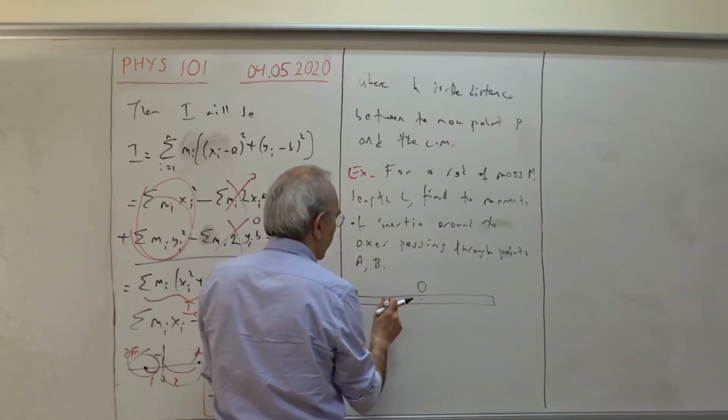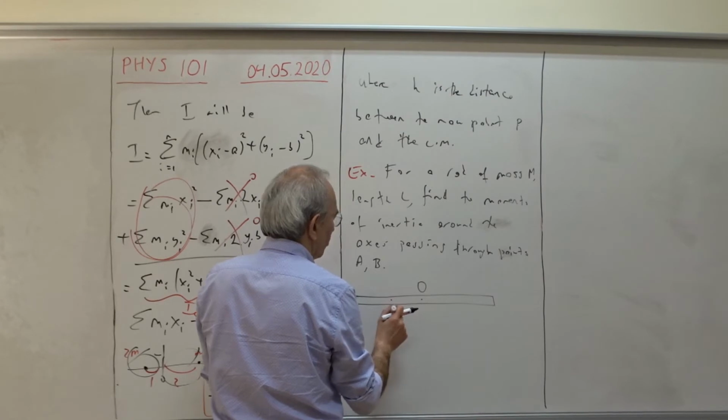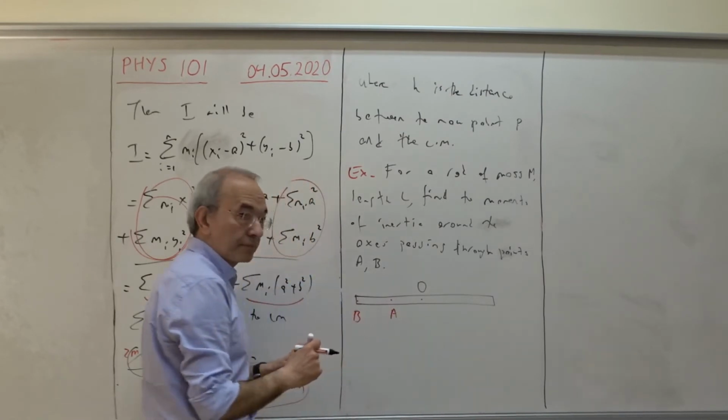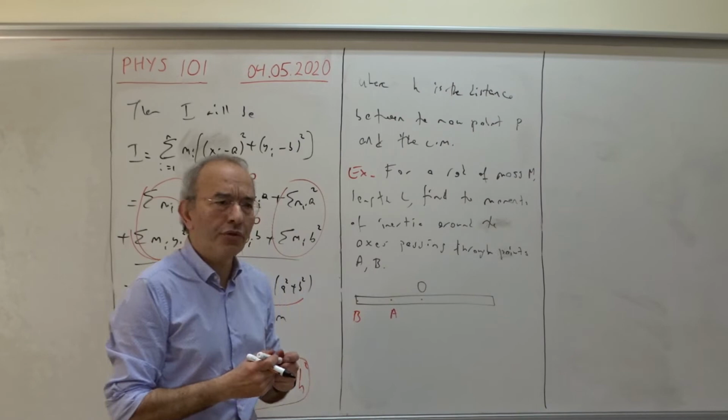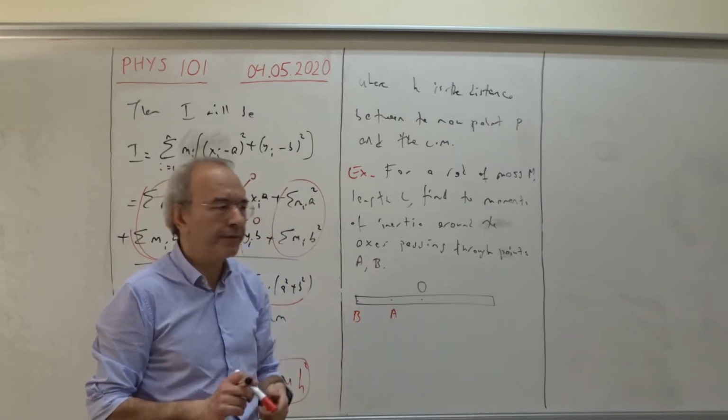And A, let's say, is this point, B is that point. Of course, they could be on the other side of the rod as well, no difference.